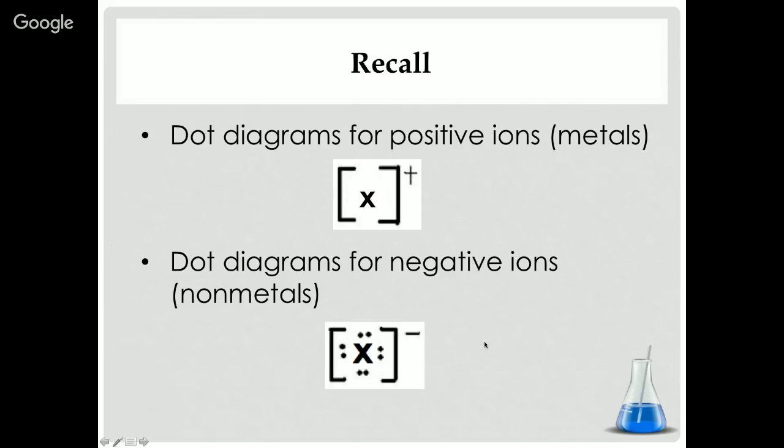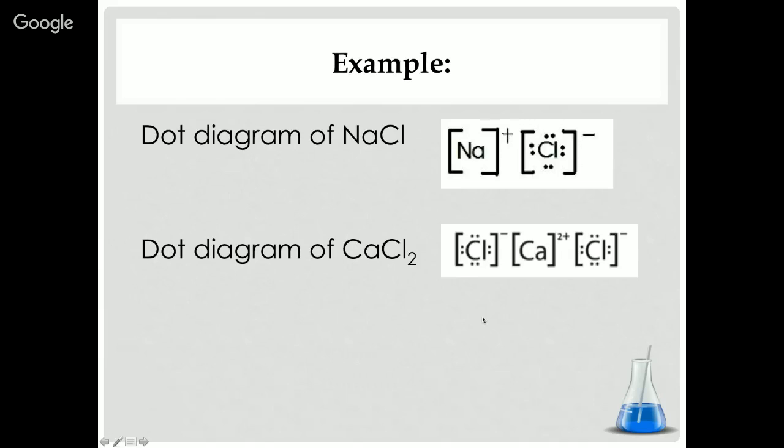So for an ionic compound, we're essentially just putting these together. So let's see an example. If you want to draw a dot diagram for NaCl, we have the sodium ion, and we place that next to the chloride ion. Again, notice the metal has no dots, brackets and charge. Nonmetal has 8 dots, brackets and charge.